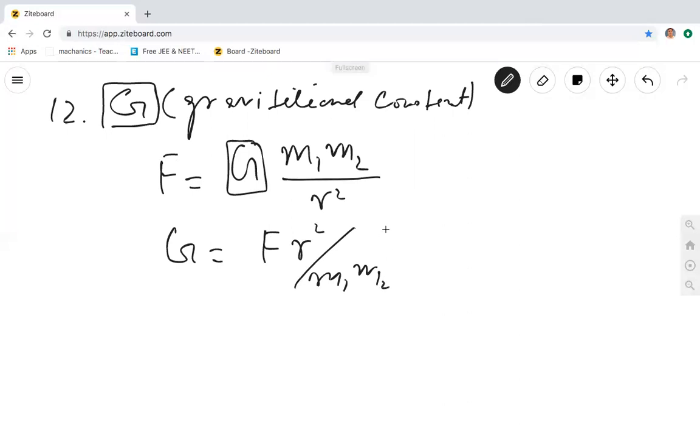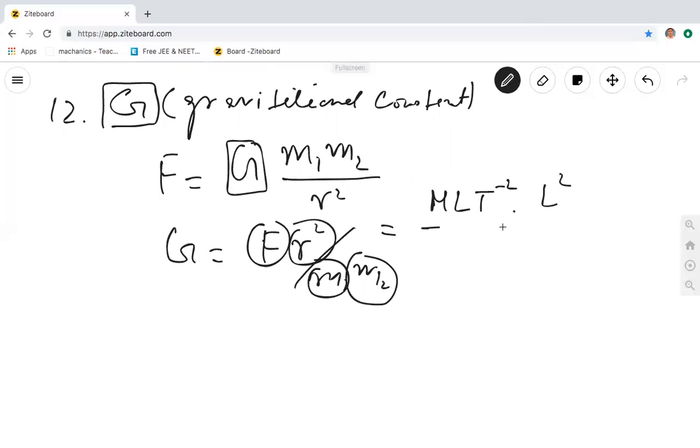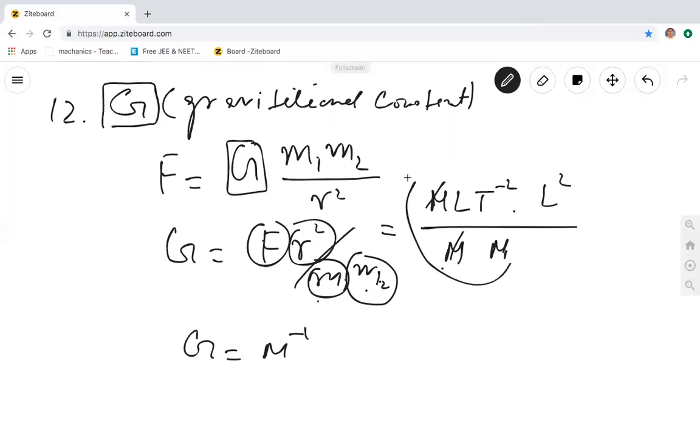We write the dimensional formula for each quantity: M L T minus 2 for force, L square for length, and then m here and again m here, since m1 is M and m2 is M. Both are fundamental physical quantities. We can cancel one M, so G is M minus 1, L3, and T minus 2. That is all.